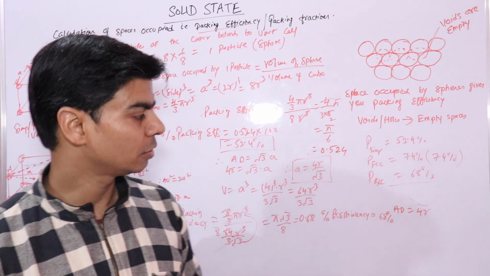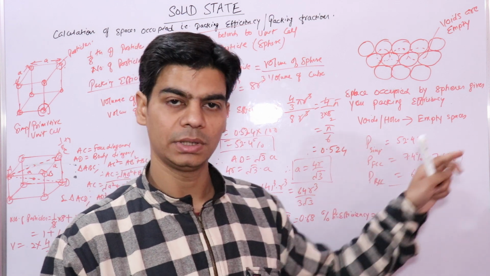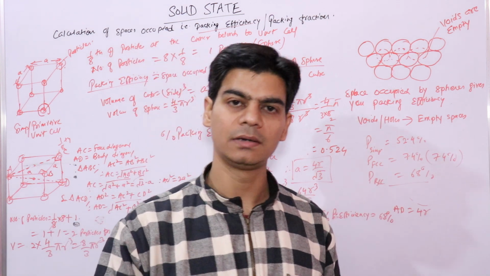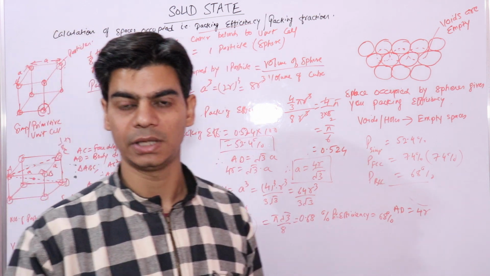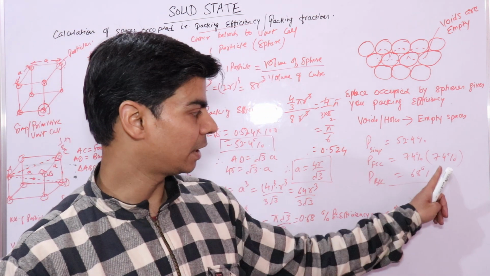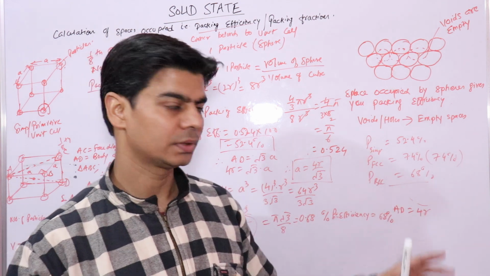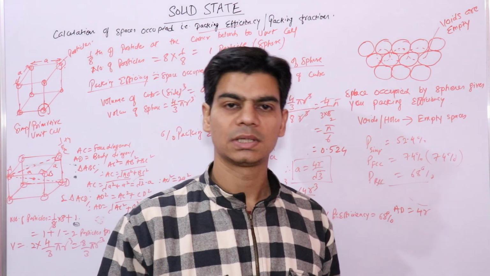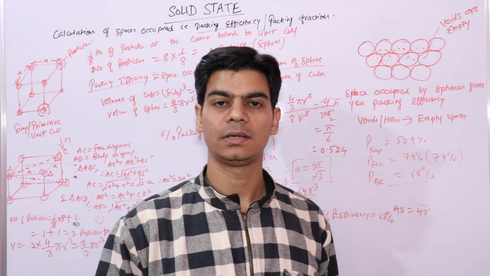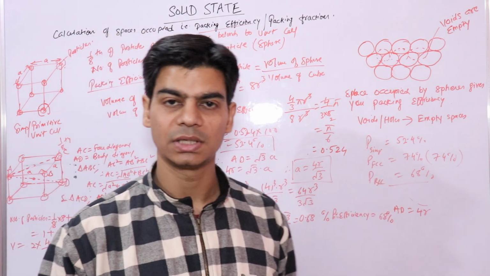The examples of particles that crystallize in FCC, in CCP or HCP are iron, nickel, copper, right. All these we know are denser, they have high density, because they have high packing efficiency. And if you talk about solids like sodium, potassium, all these crystallize in BCC, body centered cubic.